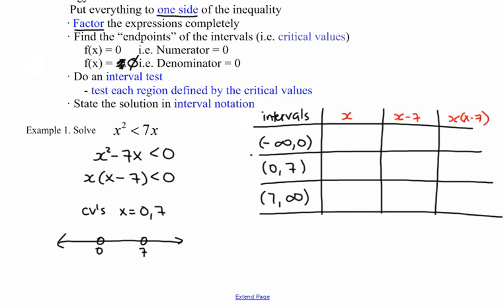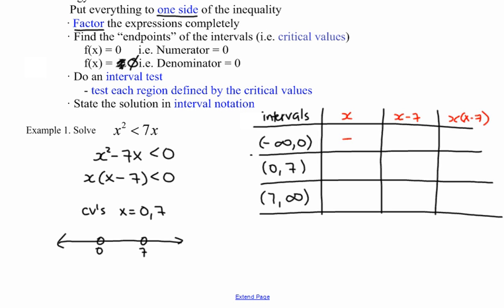Okay. And so using the chart, which can be a lot of writing, we're going to test x. Between negative infinity and 0, x will always be a negative value. Then x minus 7, so pick a value.